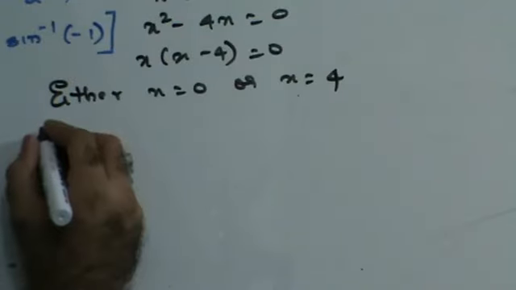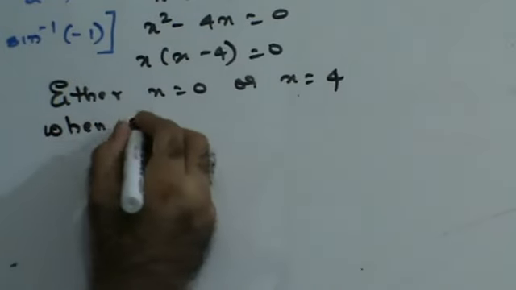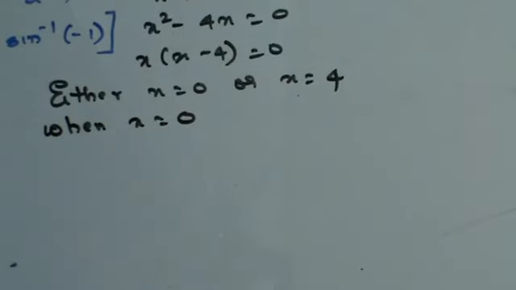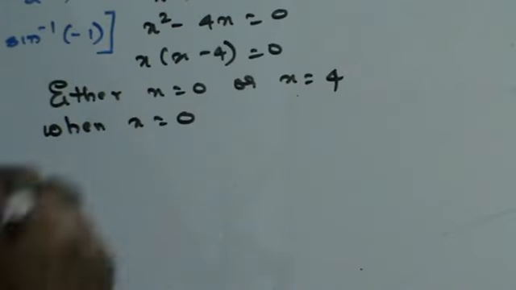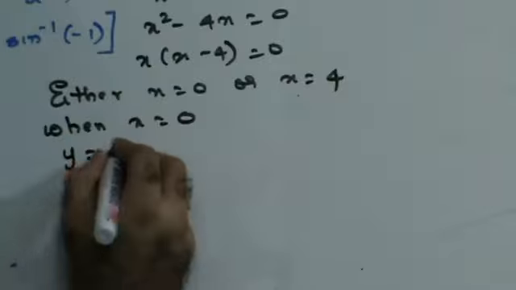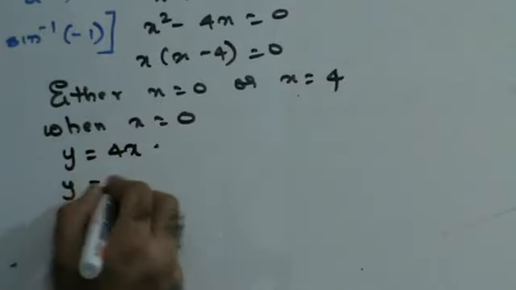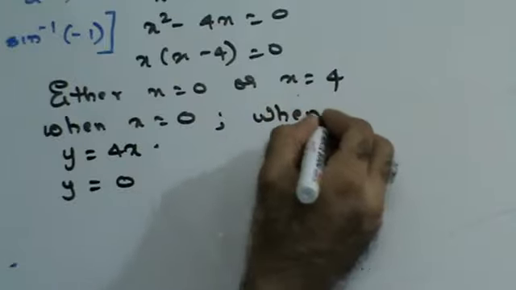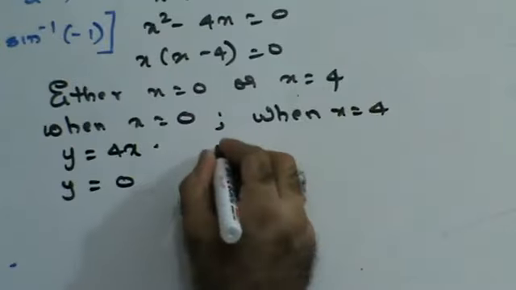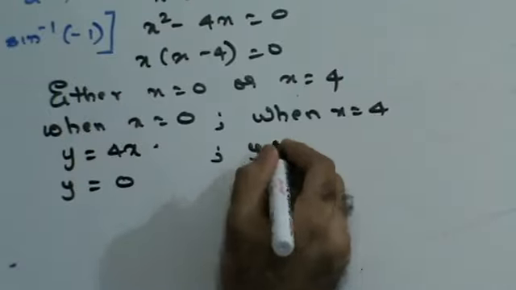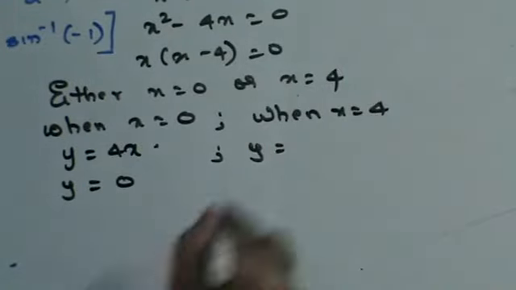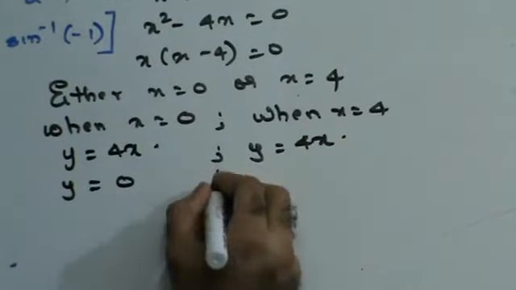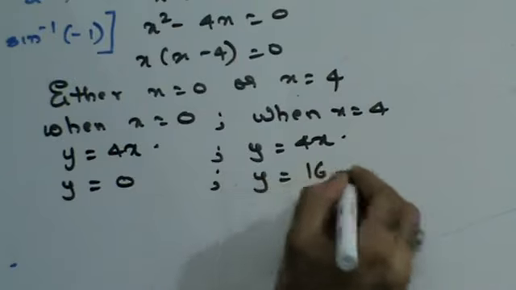When x is equal to 0, substitute the value of x in any one of the equations. So let's say y is equal to 4x, therefore y will be 0. When x is equal to 4, y is equal to 4x. So in that case I can say that y is equal to 16.